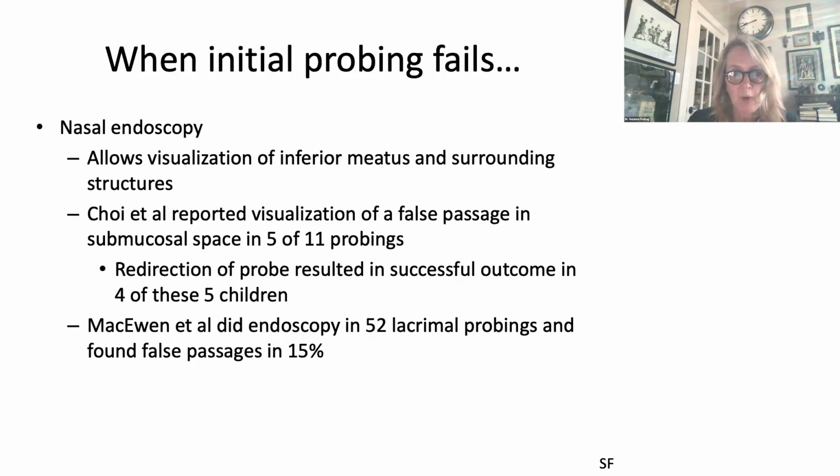And redirection of the probe resulted in successful outcome in 4 out of 5 of these children. McEwen did endoscopy in 52 lacrimal probings and found false passages in 15%. So even if you're experienced at this, don't underestimate the value of looking directly with an endoscope.